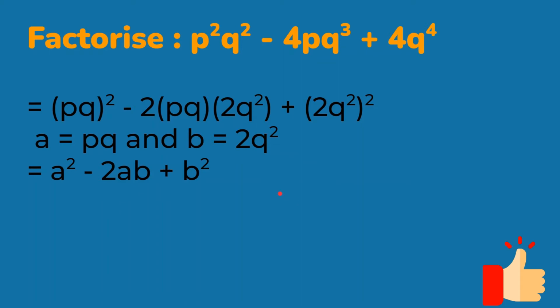So we'll just write (a minus b) whole squared like this, and then we'll again substitute the values of pq and 2q squared. So we will get (pq minus 2q squared) whole squared. And we could factorize this into even more factors, but since we are learning factorization only using identities, we will stop here.